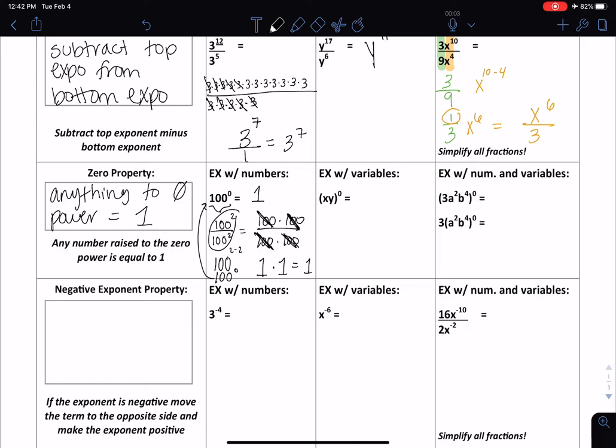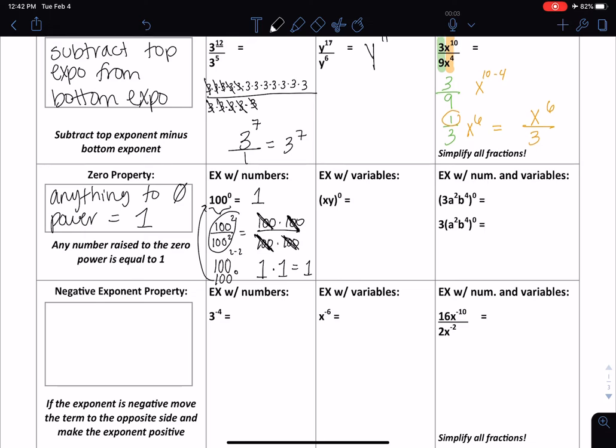I have 0 on the outside, so the 0 goes to the x and the y. So my answer is 1. And then for the next one, since the 0 is on the outside, the 0 goes to the 3. So the 0 goes to the 3.